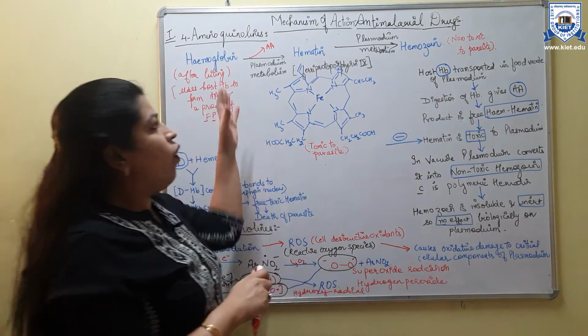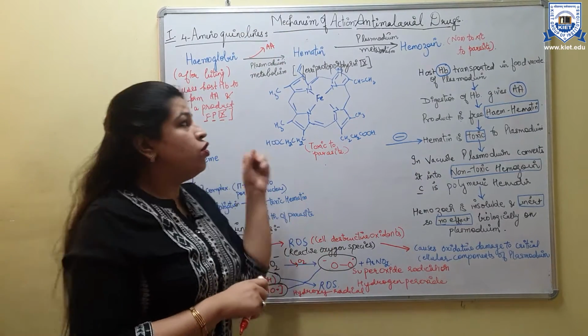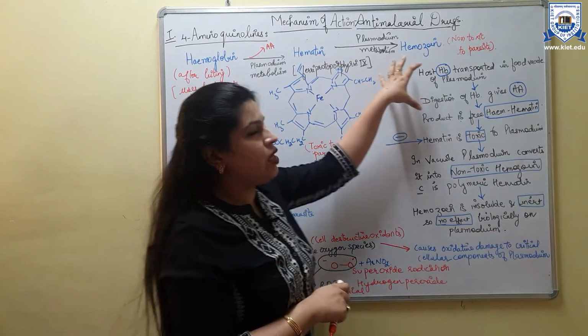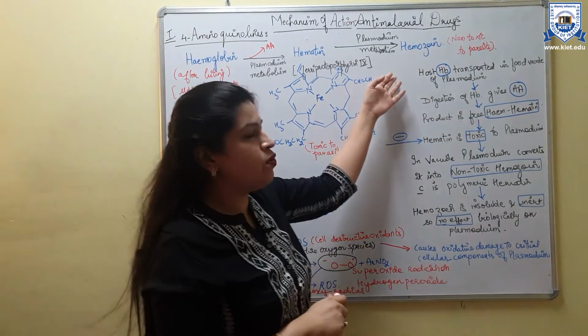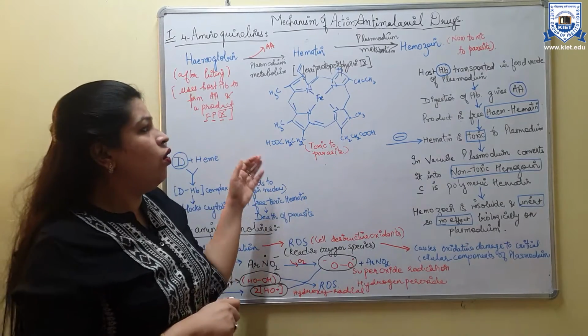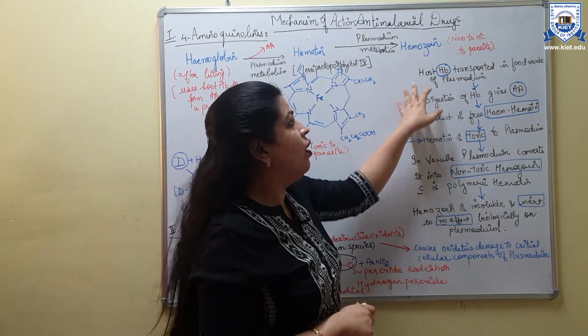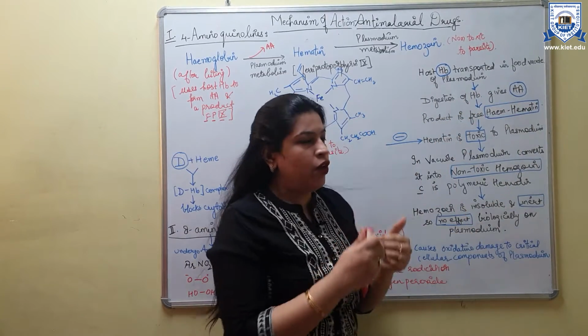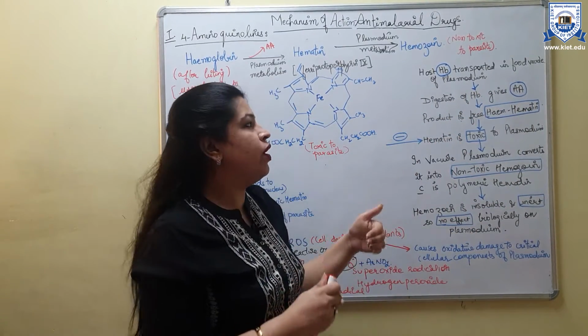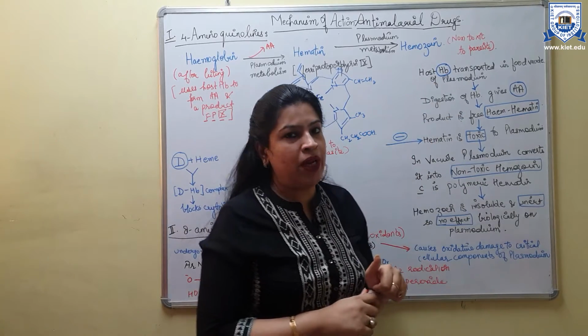But we want the anti-malarial drugs to work in one of the steps to inhibit this non-toxic product formed through the metabolism. Basically, the host hemoglobin is transported into the food vacuole of the parasite, that is plasmodium, and digestion of hemoglobin occurs.